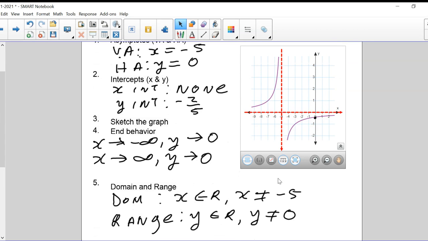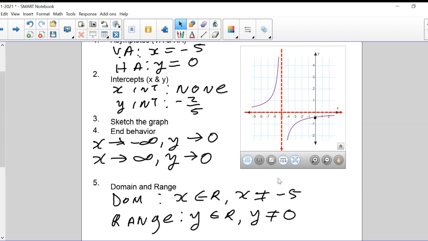Okay. Now, the next question is, where is the function increasing? We've asked the same questions for every other graph that we've drawn. So it's the same questions, not always the same answers, but the same questions. So where is this function this time increasing? Answers for that.